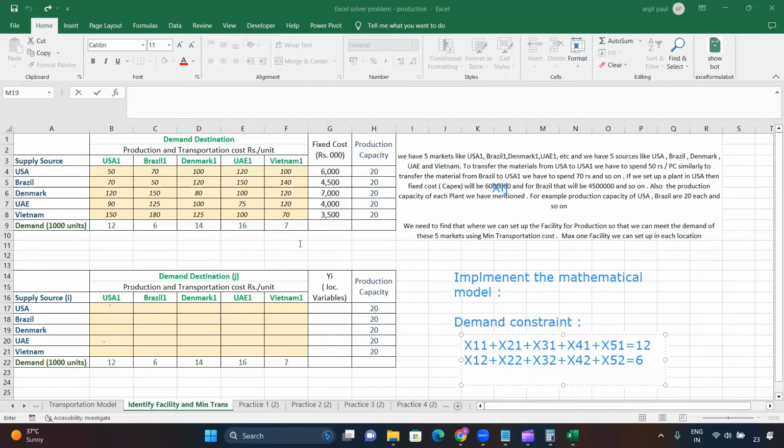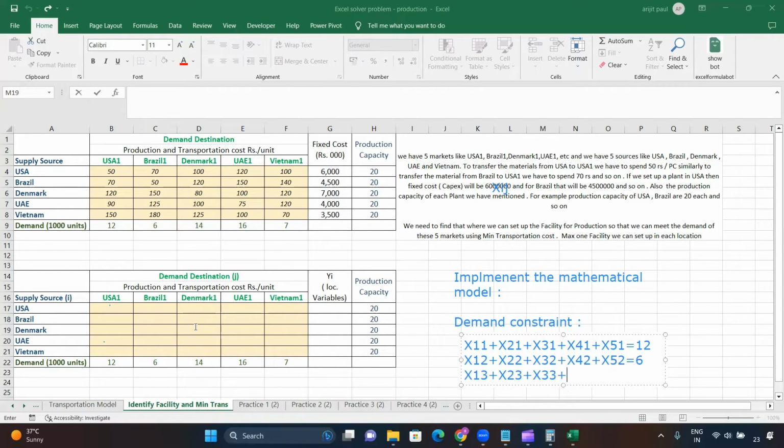Now for Denmark, we can write X13 plus X23 plus X33. Which one is 33?